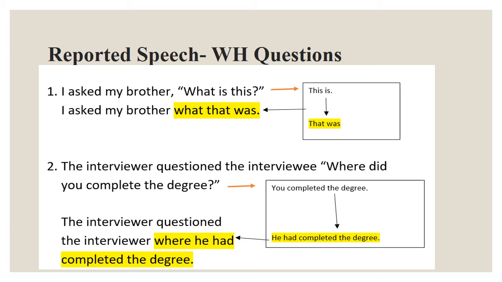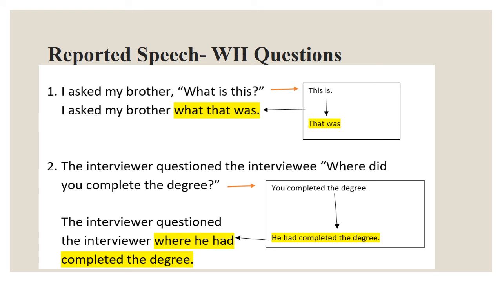Second one, the interviewer questioned the interviewee, "Where did you complete the degree?" Now here we separate "where" from the rest of the direct statement and take "did you complete the degree?" We have to convert that into a statement and it becomes "you completed the degree." And then we have to change the pronouns and the tenses accordingly and it becomes "he had completed the degree."